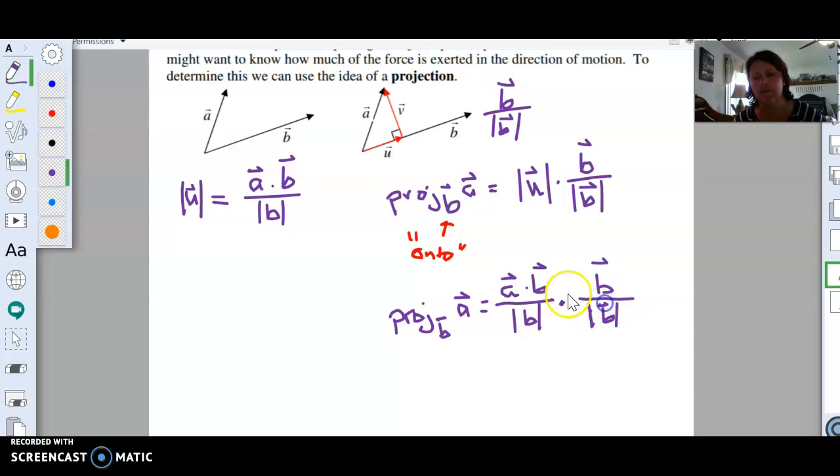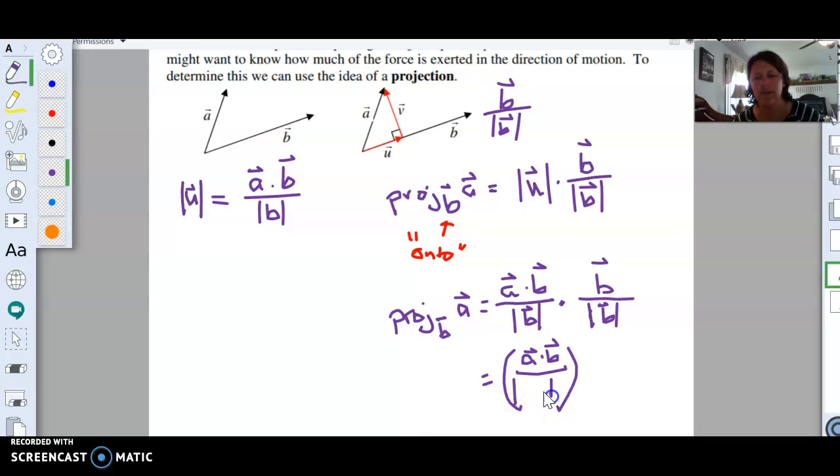Now we have to be careful with these numerators because this dot product is not the same as multiplication. All right, so let's rewrite that so that we don't make mistakes there. We're going to have the dot product of A and B. Leave that in the parentheses. Now our magnitudes are going to be the same, so we can go ahead and multiply those magnitudes together. It's starting to look like an angry face.